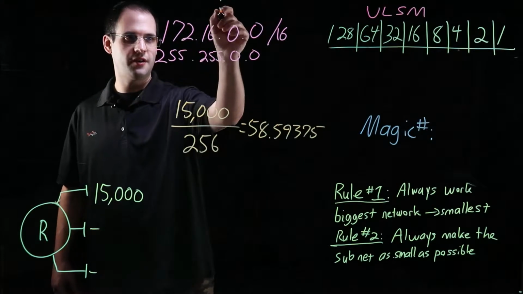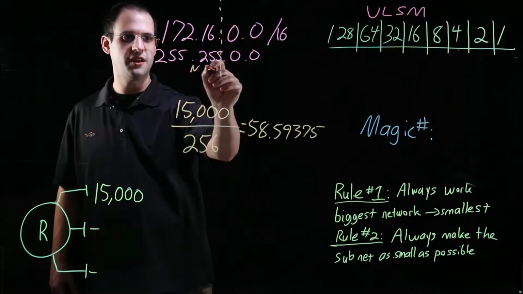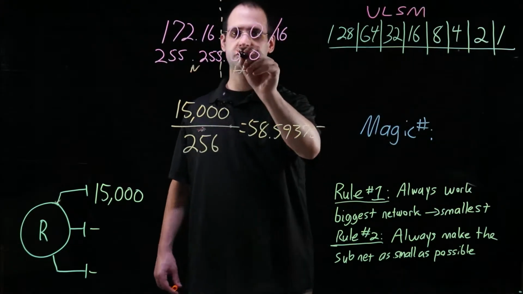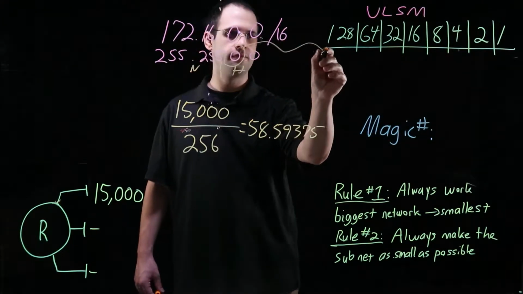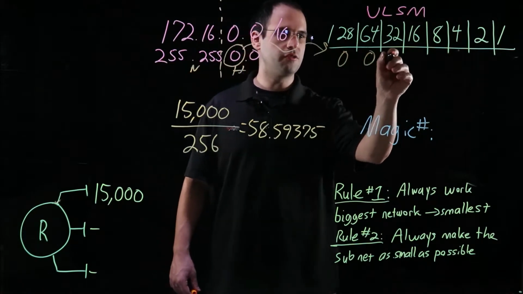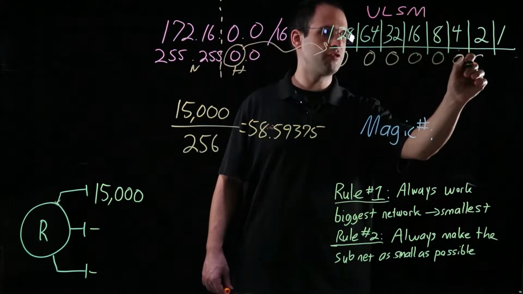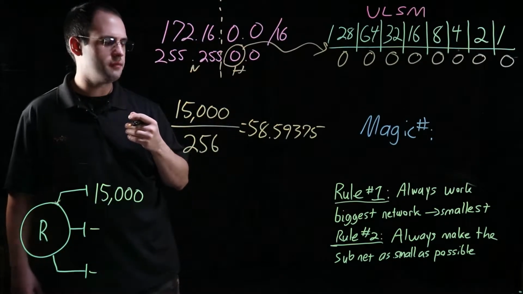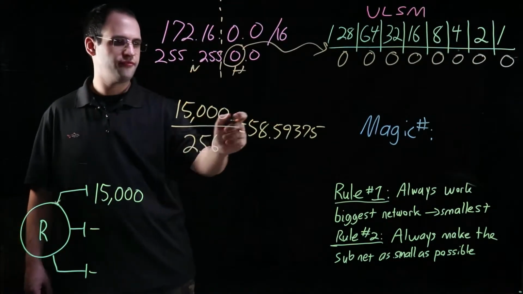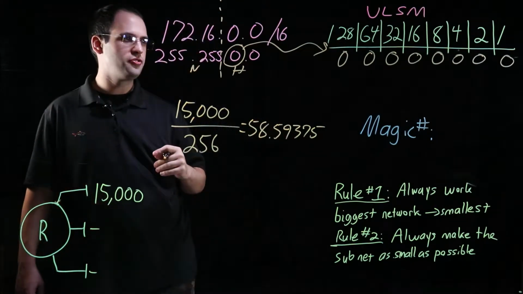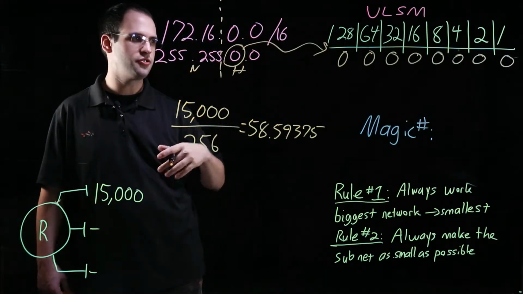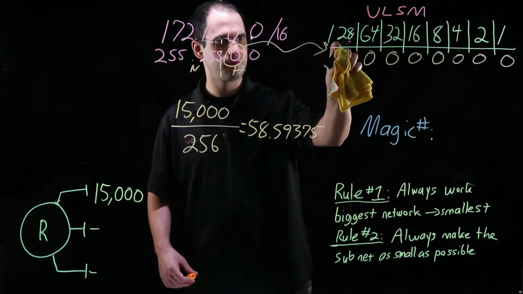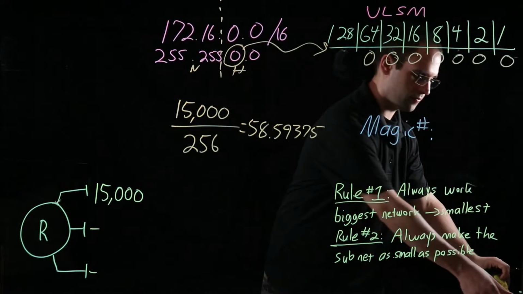Keep in mind that this is the network and these are the hosts over here, so this block represents this octet, all zeros. Can I put 58 inside of 128? Yes, I can, so I could borrow this bit.